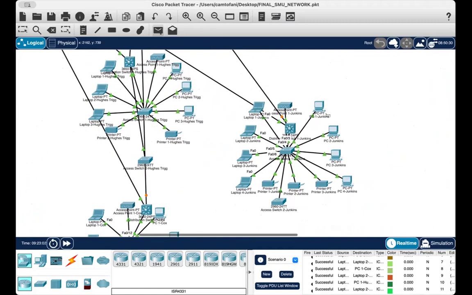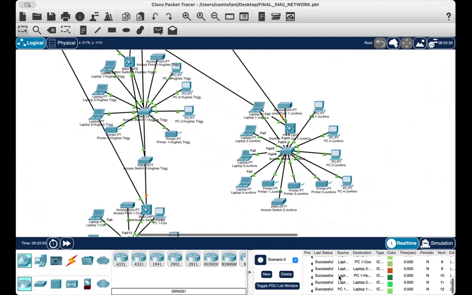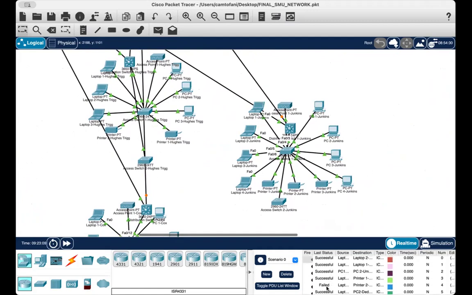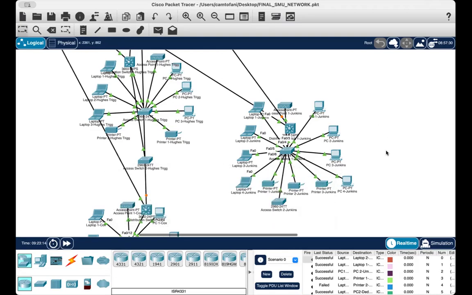All of the tests that Cameron has been running with the packets have been successful, except for the one that we designed to be a failure on purpose, between the laptop and the printer.